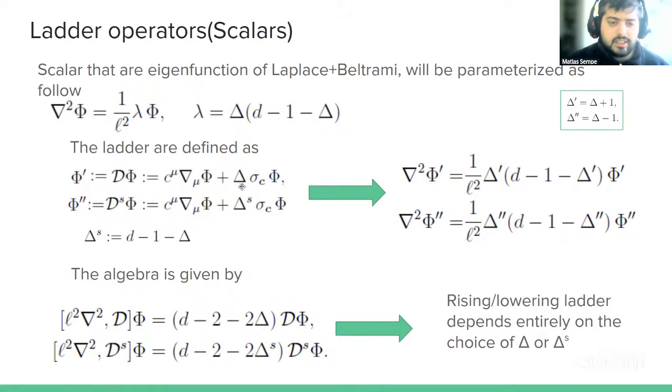We can see that this is exactly the infinitesimal form of the primaries, when one primary is defined with delta and the other primary is defined with delta shadow. So using this new field in the Laplace-Beltrami operator, we can see that we get a delta prime and a delta prime prime, and we can see that delta prime moves to delta plus 1 and delta minus 1. So we are constructing different solutions. So we are spanning all the discrete labels of delta in this case.